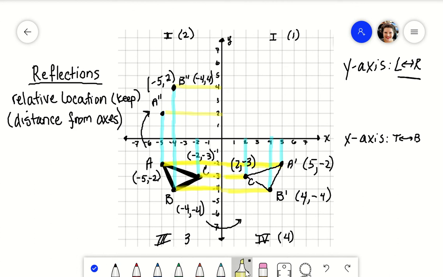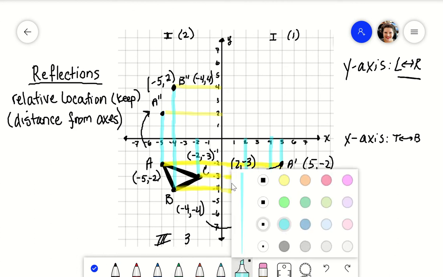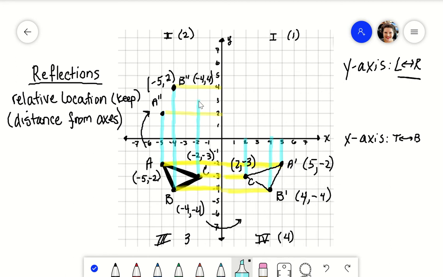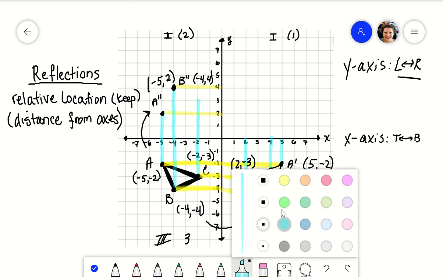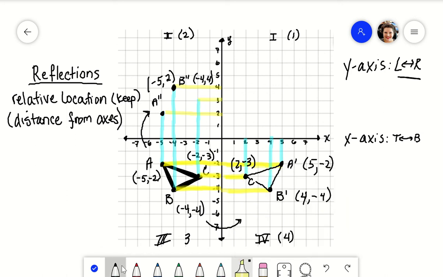And then I have C, which is 3 from the X: 1, 2, 3, and 2 from the Y. So I have C double prime, and that coordinate is negative 2, positive 3.